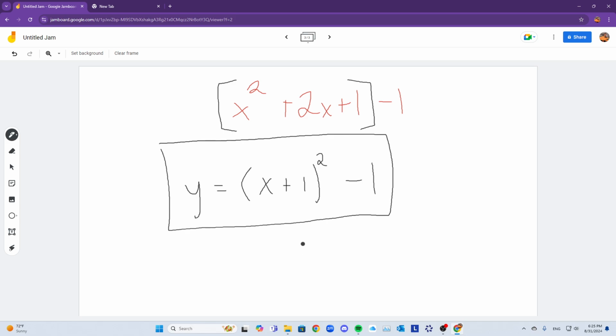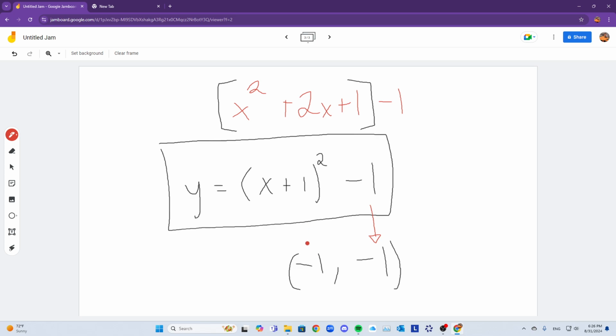How? The vertex is technically negative h comma 0, which in this case was negative 1 comma negative 1. Where do these numbers come from? The y, that one comes from right here. That one's always going to match with this one.